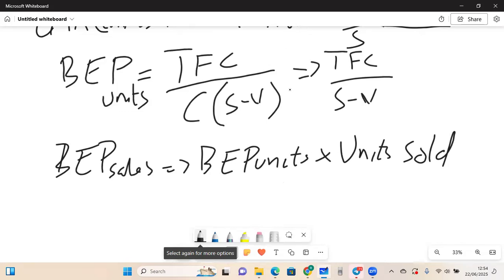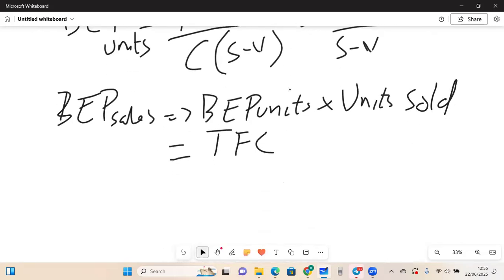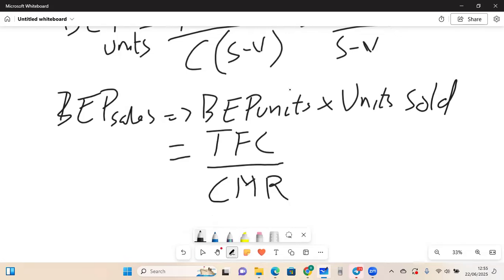Or you can do it this way: total fixed cost over contribution margin ratio.